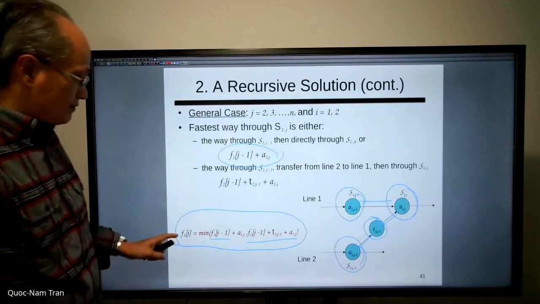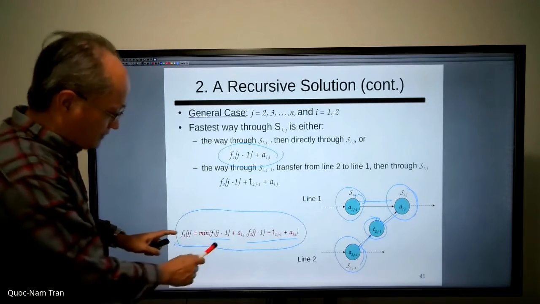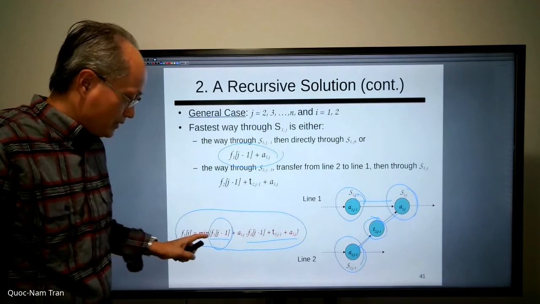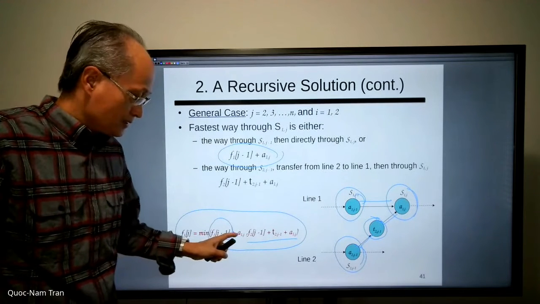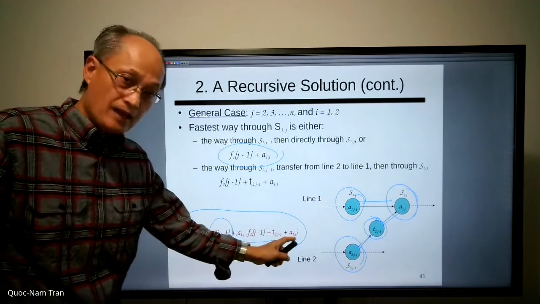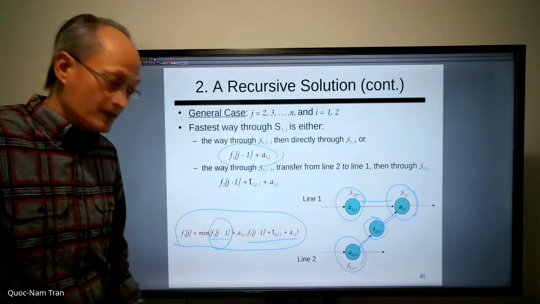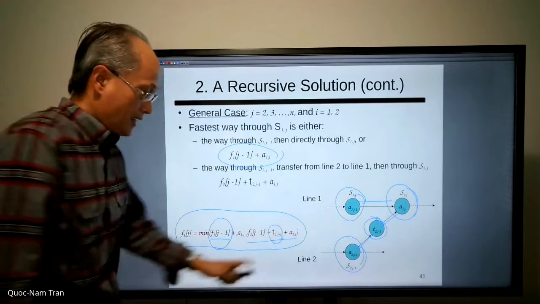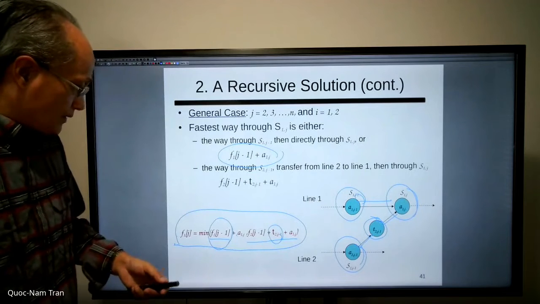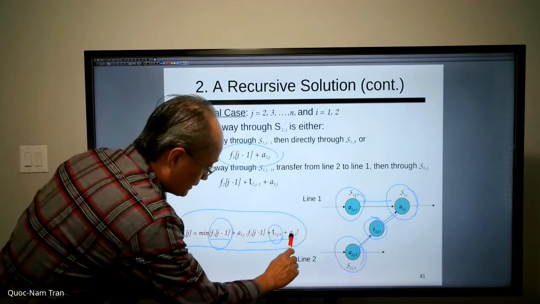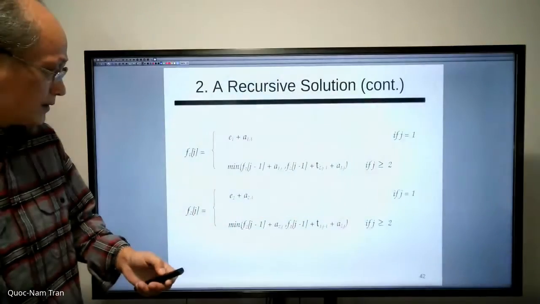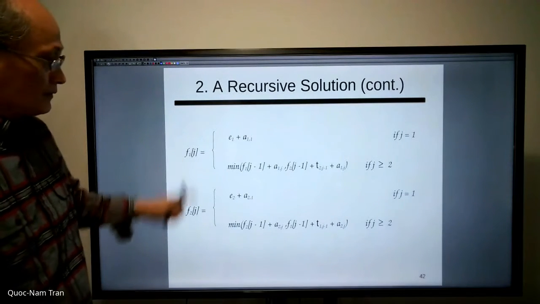So we can write an algorithm in which this function will be called recursively. F1j will be F1 of j minus 1 plus A1j, or the smaller value of F2 of j minus 1 plus the extra cost and the A1j. Okay, this one should be A2j. All right, so we have the recursive algorithm.